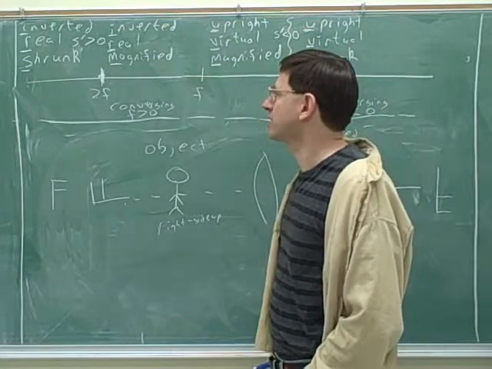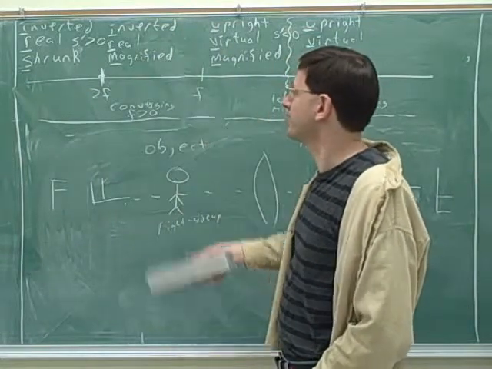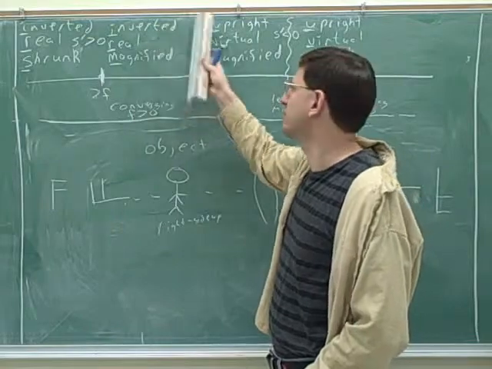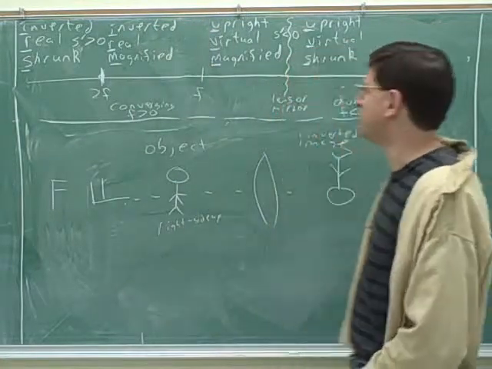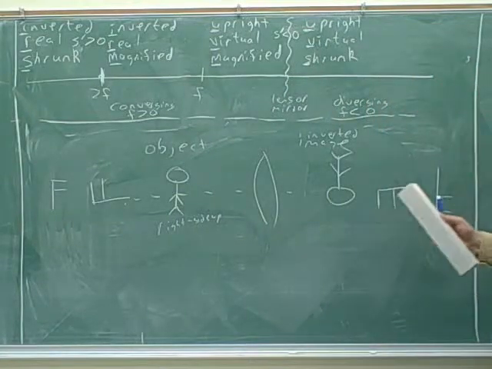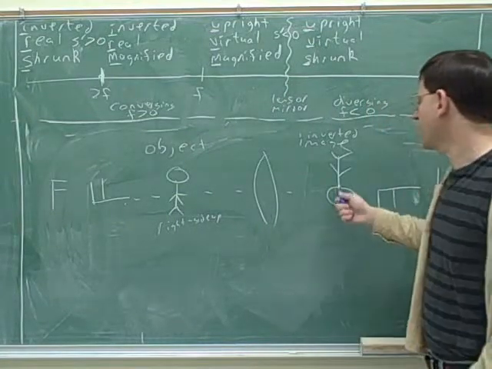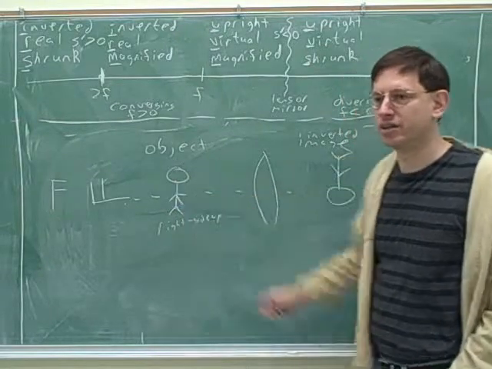In fact, I'm kind of thinking maybe next time I TA this, I'm not going to use inverted and upright. I might use opposite orientation and same orientation, except then I'm going to lose my infrared and ultraviolet memory aid, but I might have to bite the bullet on that, and we'll see why in a second. Okay, so this has the opposite orientation to this over here.